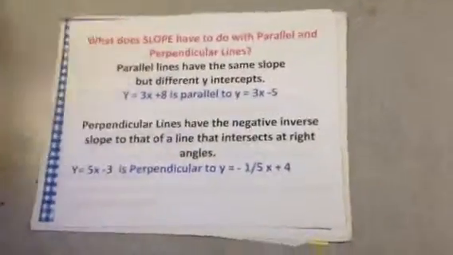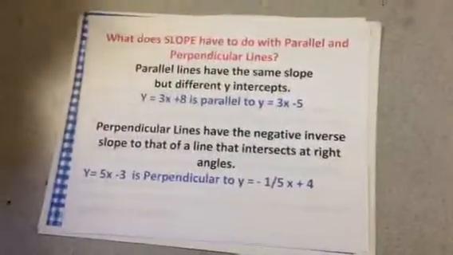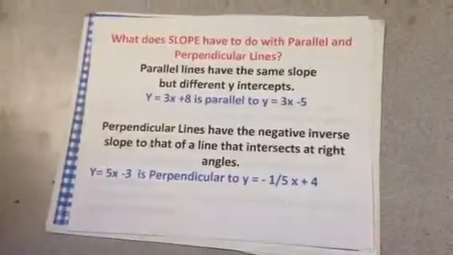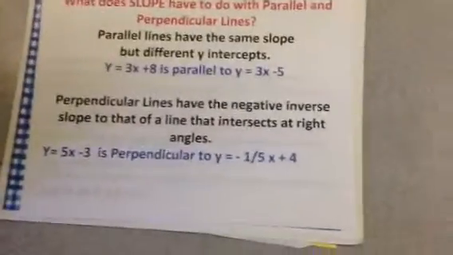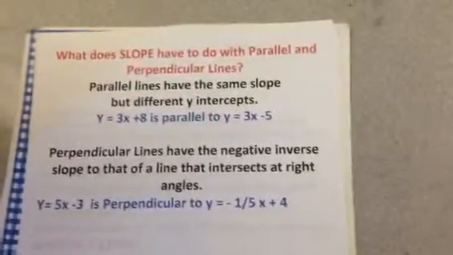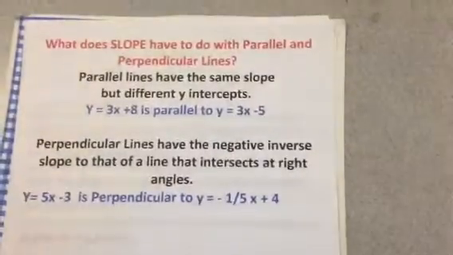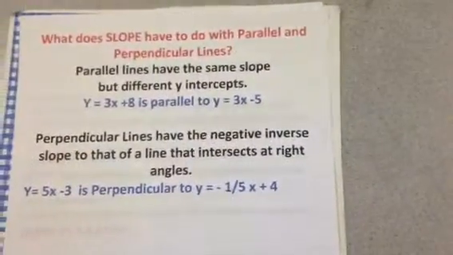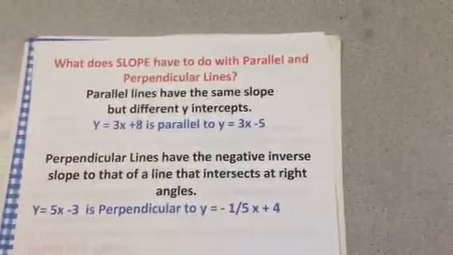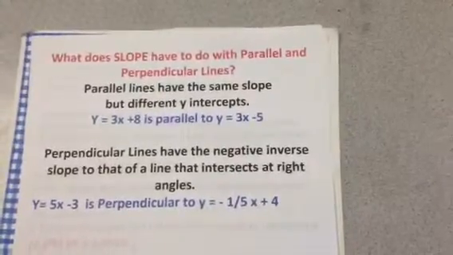What does slope have to do with parallel and perpendicular lines? Parallel lines have the same slope but different y-intercepts. y equals 3x plus 8 is parallel to y equals 3x minus 5.